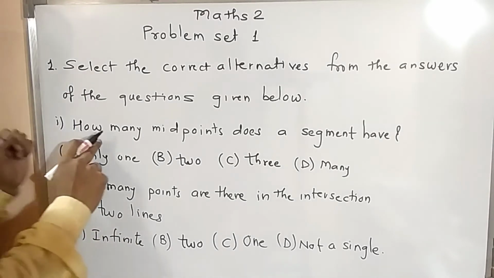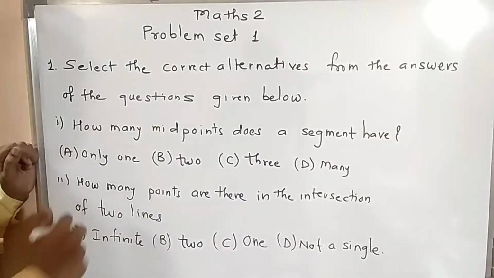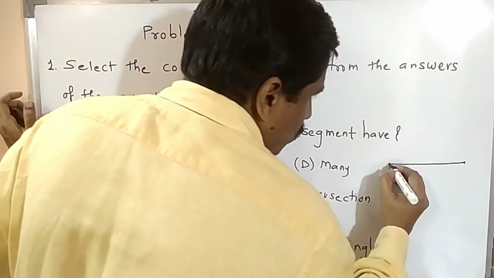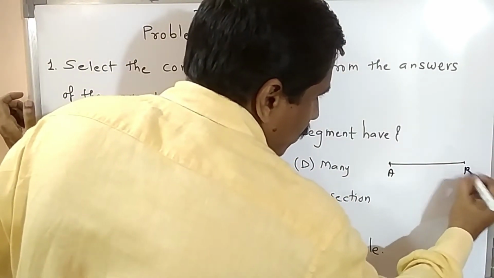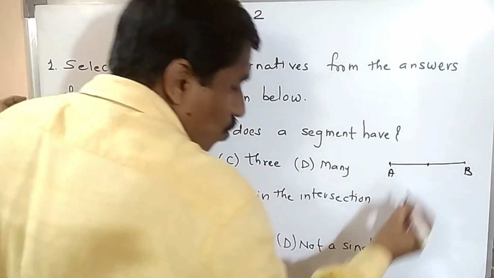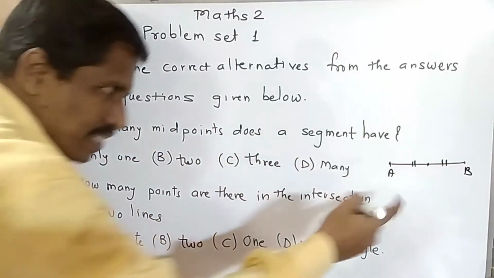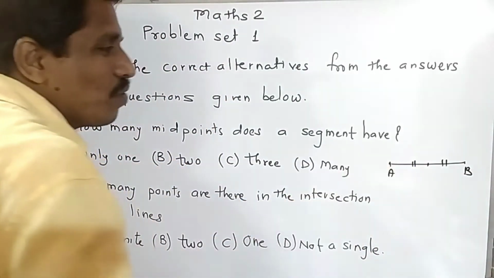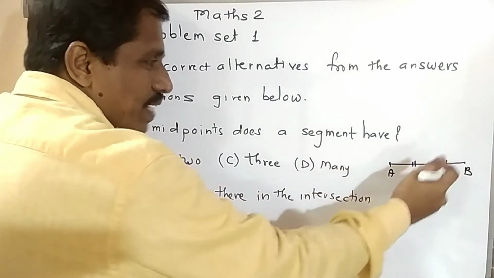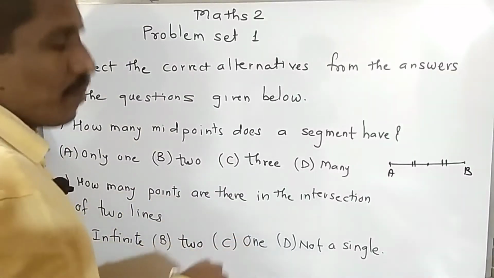The first one, how many midpoints does the segment have? Suppose this is a segment. We know that suppose AB is the segment, then there exists one and only one point which divides this segment in two congruent parts. That is, every segment has one and only one midpoint.